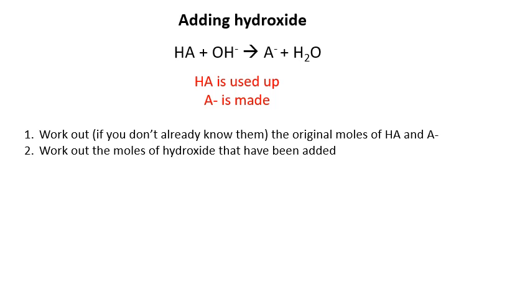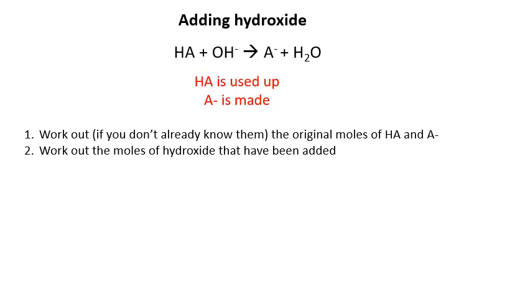Just don't forget to get your volume in decimeters. So you now know your original moles of HA and A-, and you know how many moles of hydroxide that you've added. We've then said that hydroxide that you are adding reacts with HA and makes A-.